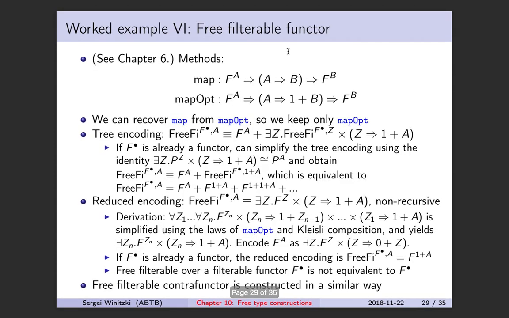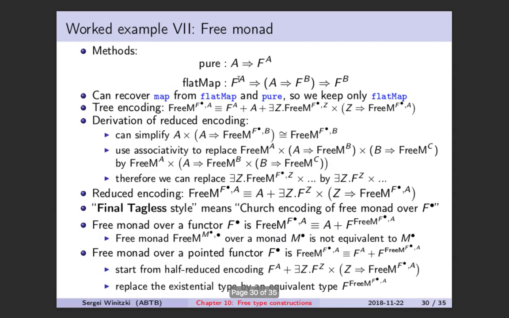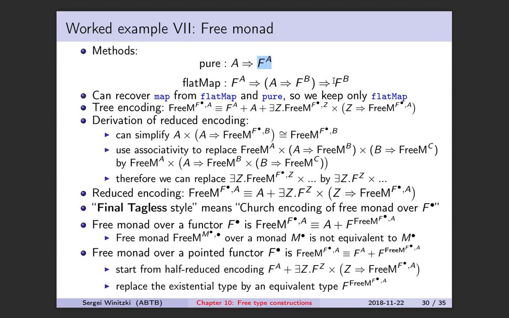For the filterable, there could be different ways of doing the definition as well. And for the applicative, there are different ways. But what we need is a set of methods that return the type that we're constraining, the type itself, and not something else. And we need a set of methods that are sufficient.